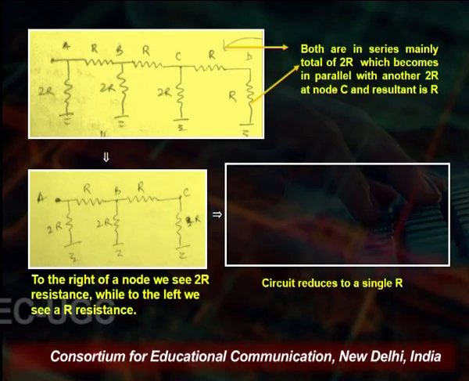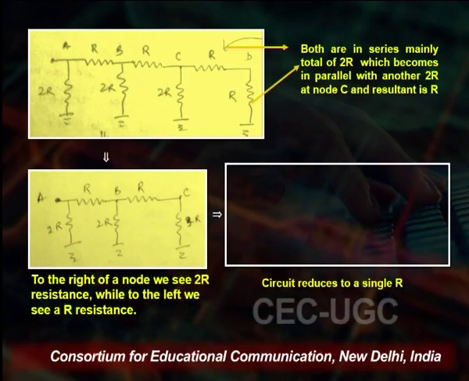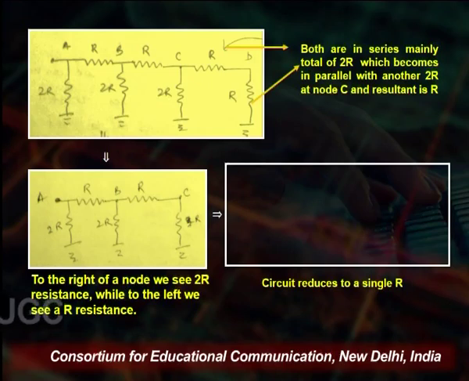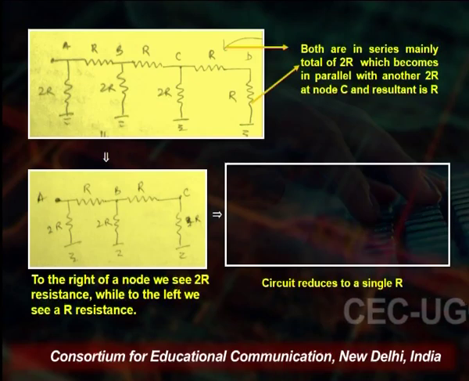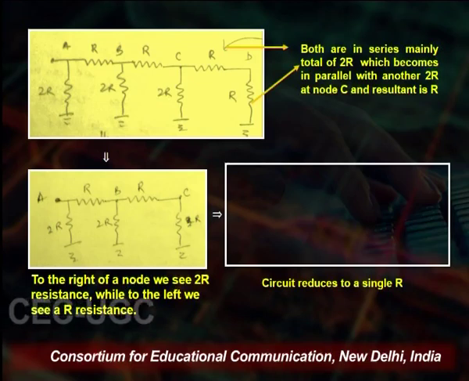Again, from point C, between B and C, we have a resistance R. The equivalent resistance that we obtained for the node C was R. Now, that R and the R between B and C are in series, so they add up to 2R.